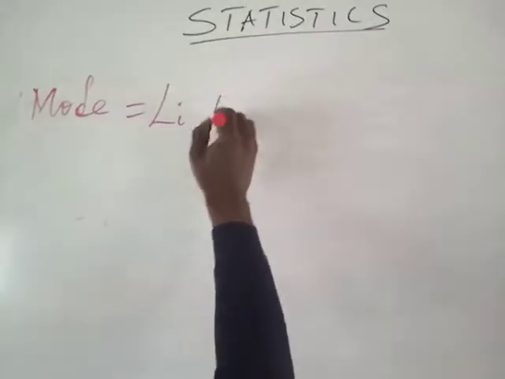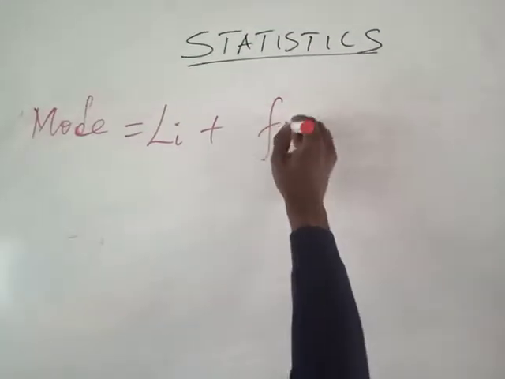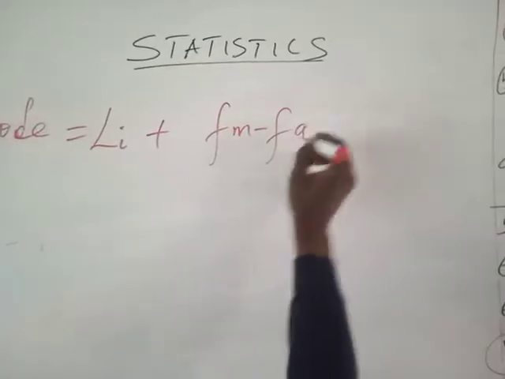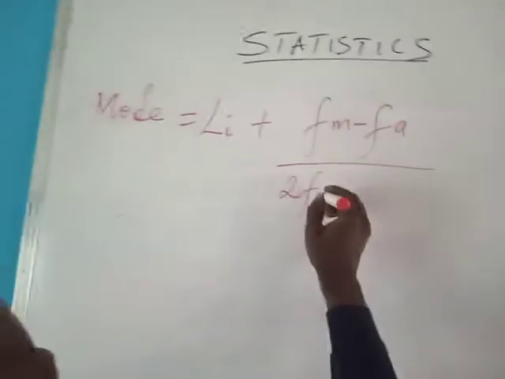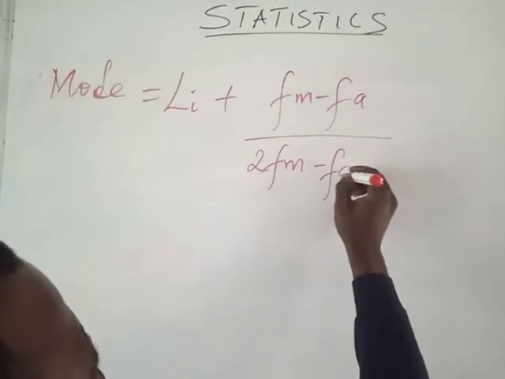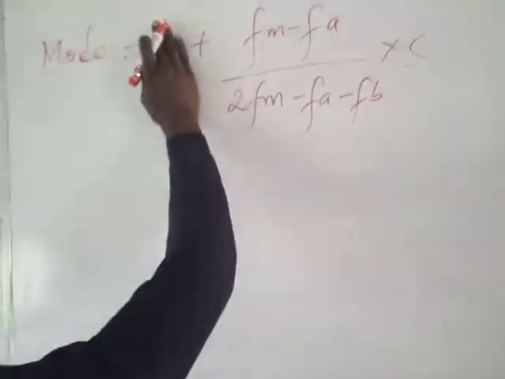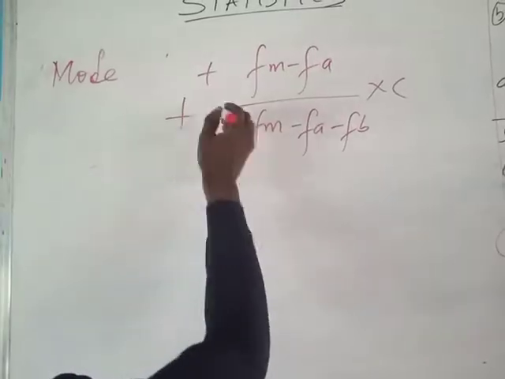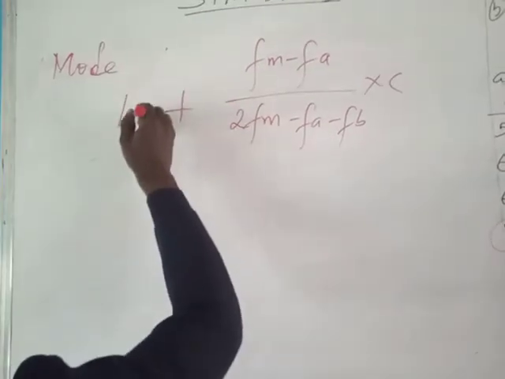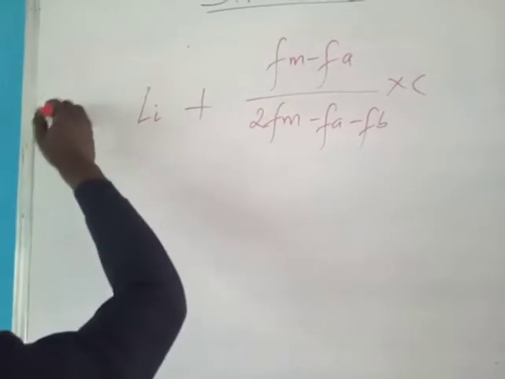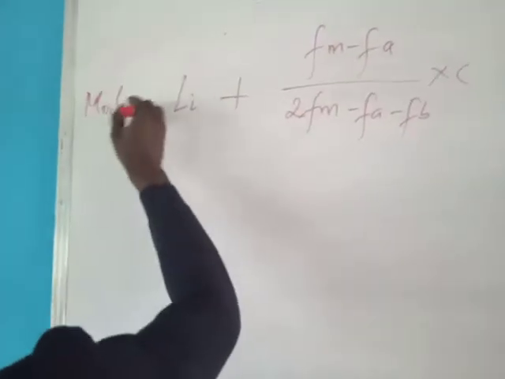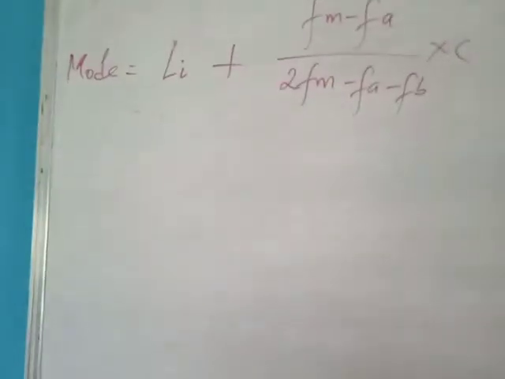It is given by this formula: Li plus Fm minus Fa all over 2Fm minus Fa minus Fb, times C. So this is the formula for calculating mode.